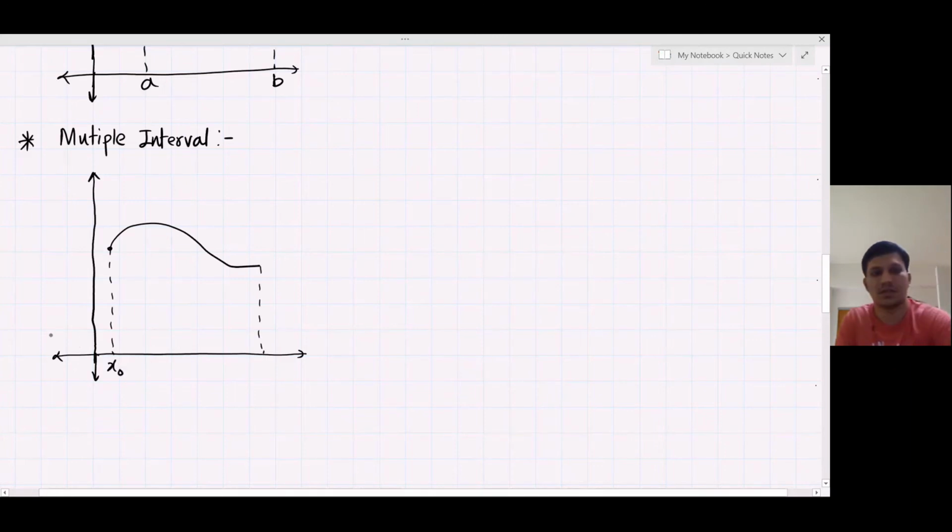We consider x naught and xn, and we write f for each. For simplification, instead of writing f of x every time, I can write y.